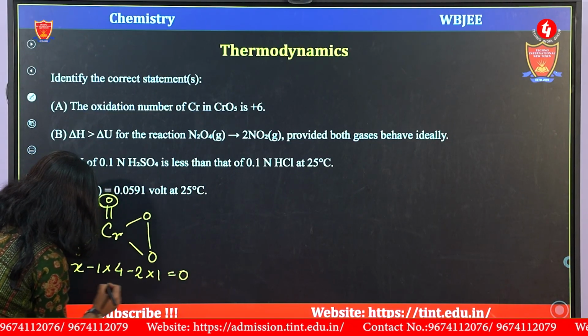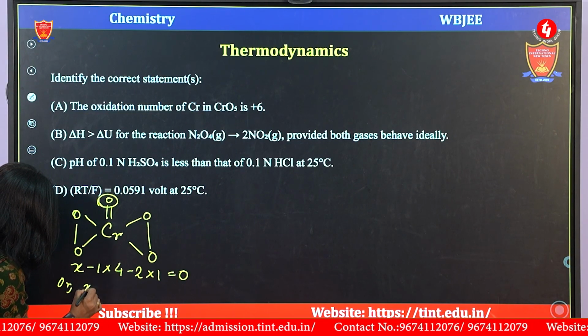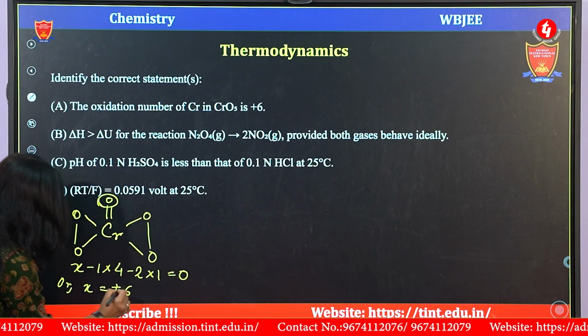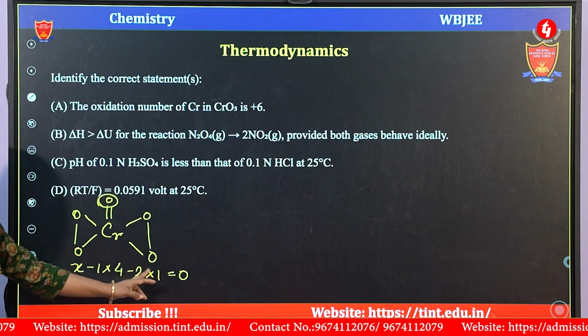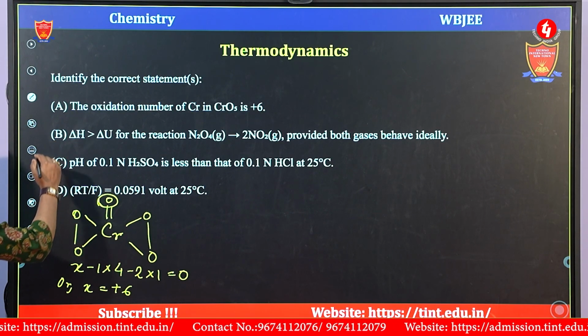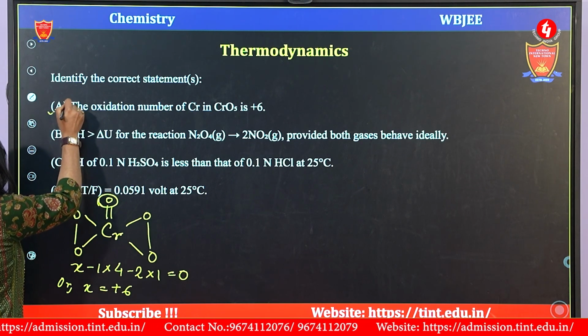So X minus 4 minus 2 is equal to 0, or X is equal to +6. So, this is a correct statement.